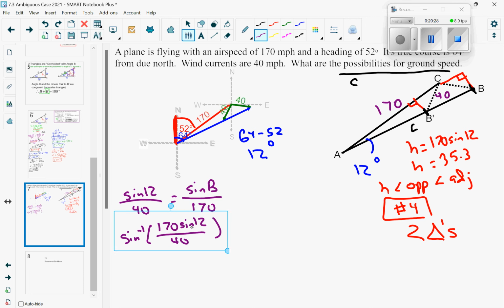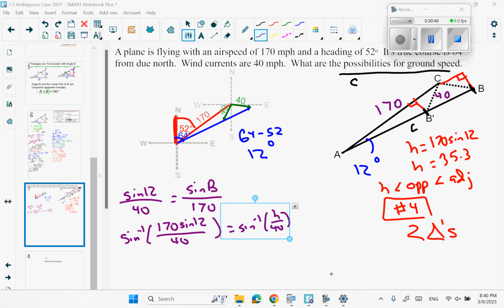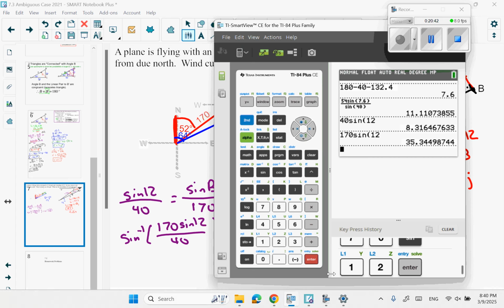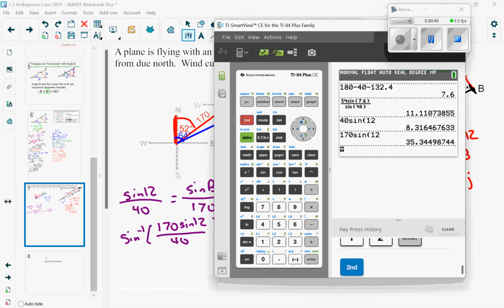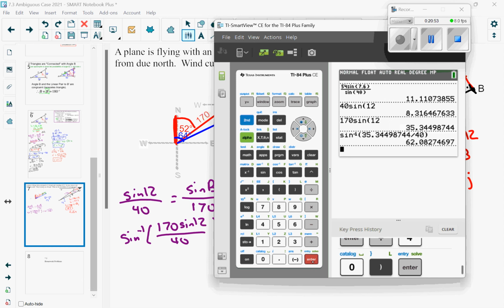Again, remember that that top part is the same thing as h. So if you want to think about it as sine to the inverse of h over 40, which should make sense there from that second triangle that's created. We're going to get about 62.1 degrees.